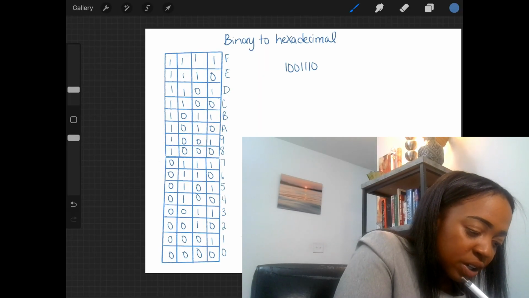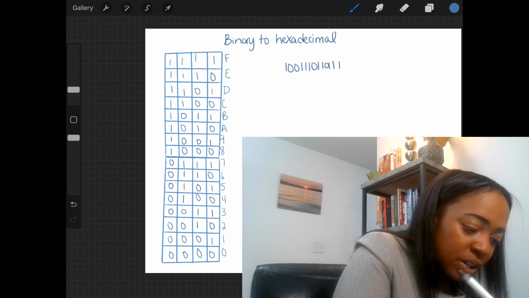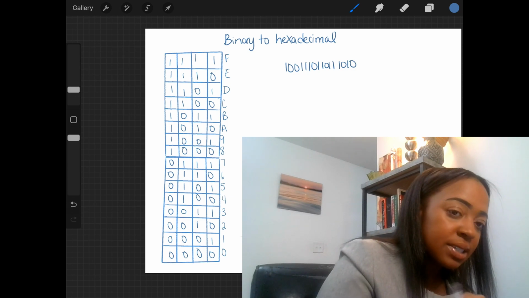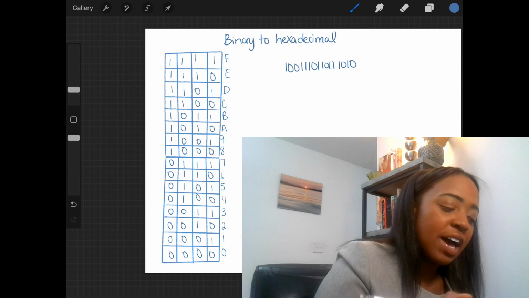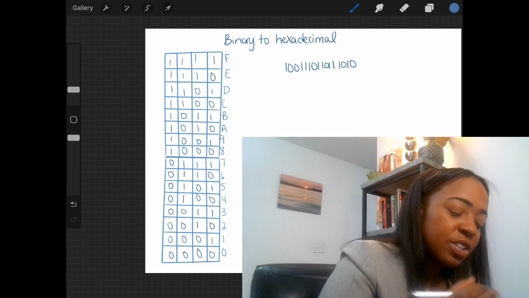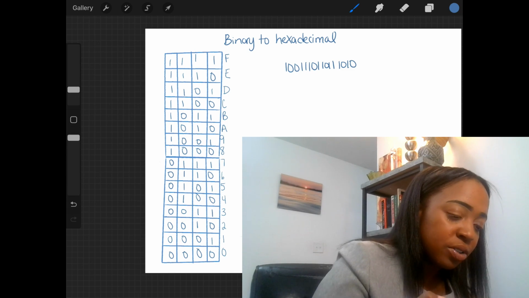1001, 1101, 1011, and 1010. When we write our hexadecimal number out, we want to divide it into groups of 4. Divide every 4 numbers.